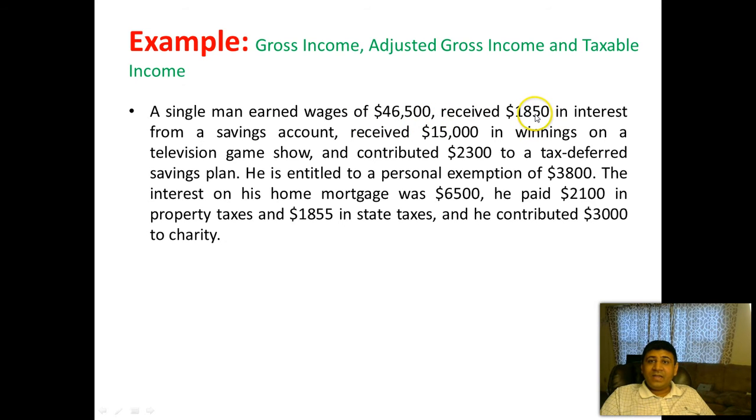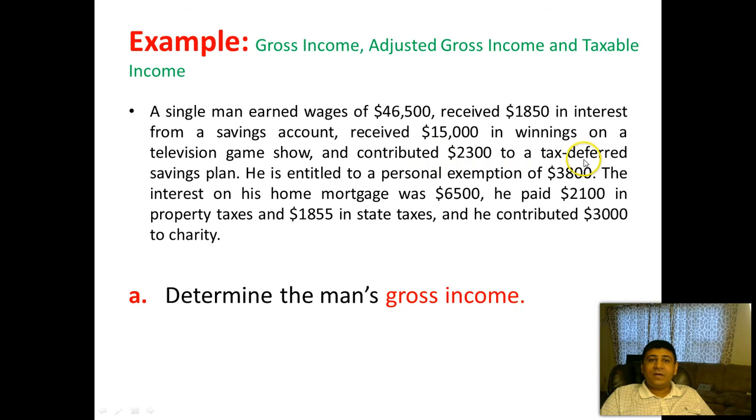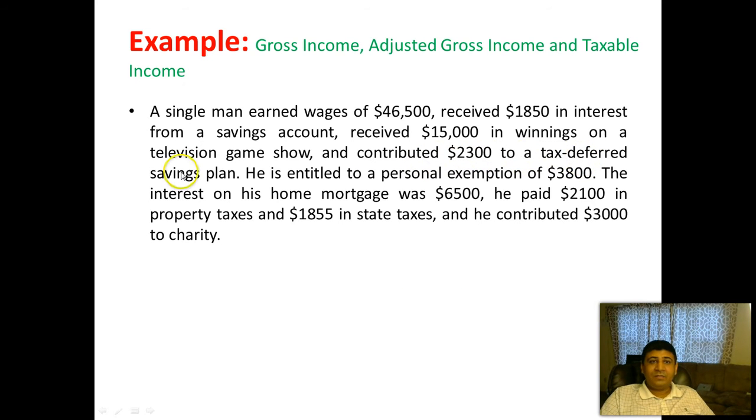He received $1,850 as interest from his savings account. He received $15,000 from winning on a television game show or lottery or whatever. And then he contributed $2,300 into a tax deferred savings plan.